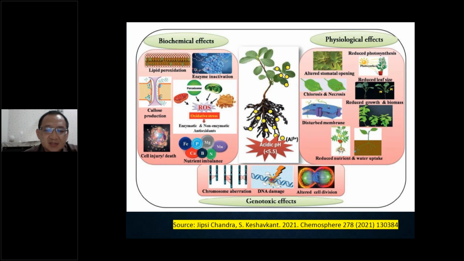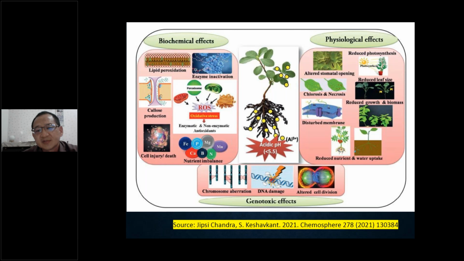This slide very clearly shows that under heavy metal stress, the plant will manifest effects in three different perspectives. The first is biochemical effects, as I detailed just now, followed by physiological effects, such as the morphology of the plants, leaves, chlorosis, necrosis. Then there is another aspect from a toxicological point of view.